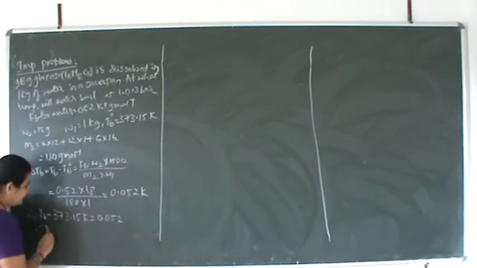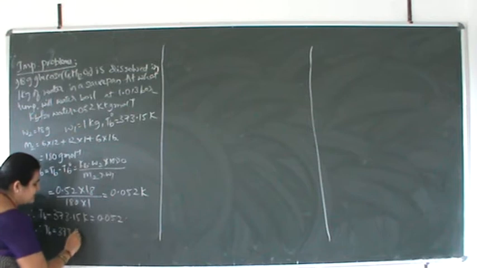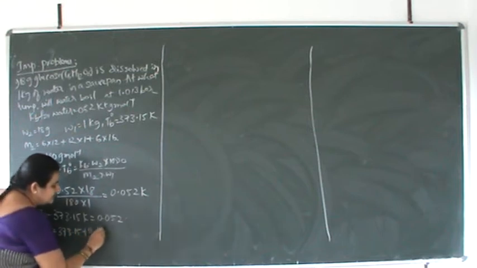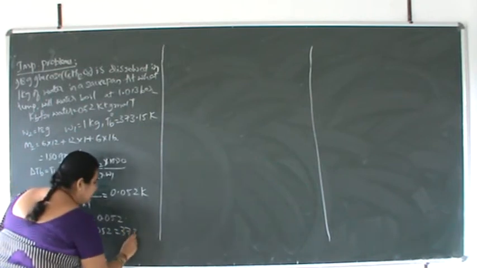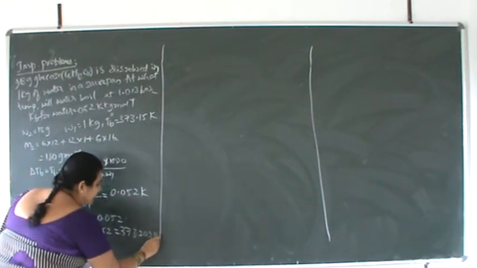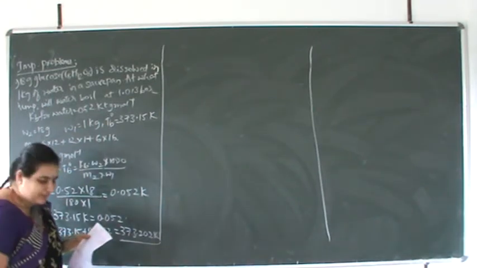Therefore, Tb is equal to, this will go that side, 373.15 plus 0.052, that will be 373.202 Kelvin. So at a temperature of 373.202 Kelvin, the solution will be boiled.